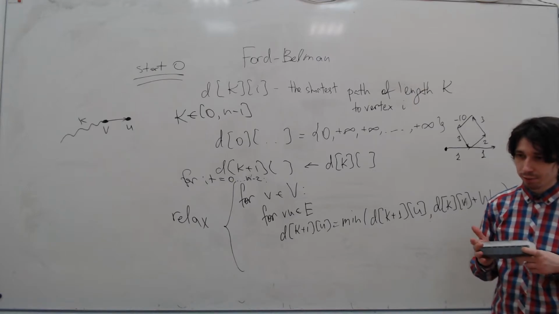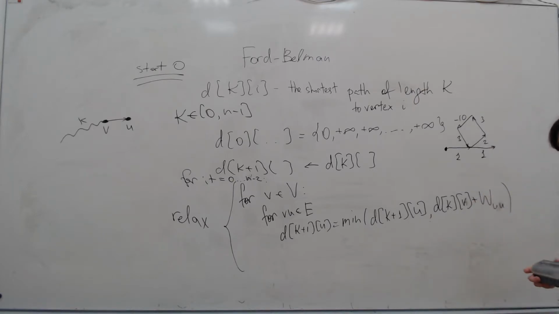Shortest path to i from start, from 0, right? From 0, yeah. This d k i is the shortest path of length k. So how to find the shortest path to i?